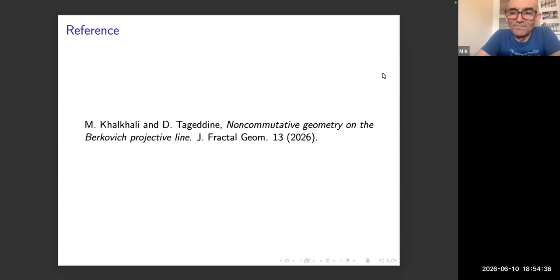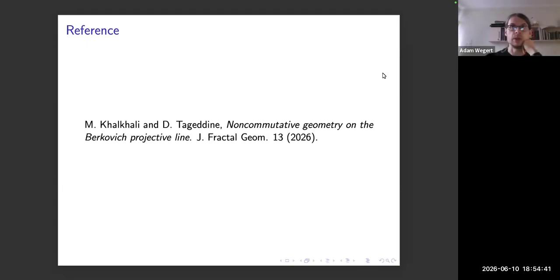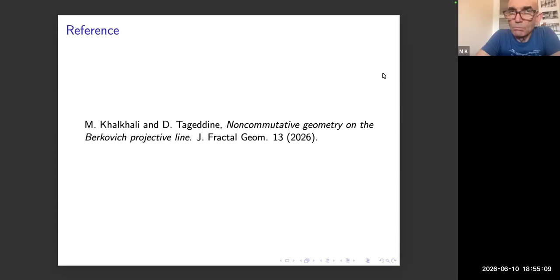Tomasz, maybe your question was about being finitely summable? I don't know. It would be very interesting to see. Finite summability is well suited for Hilbert spaces, but in this p-adic case, I don't know.